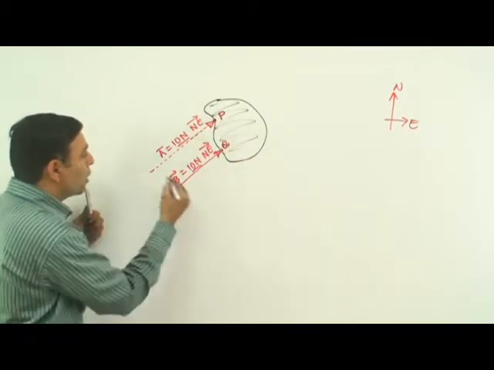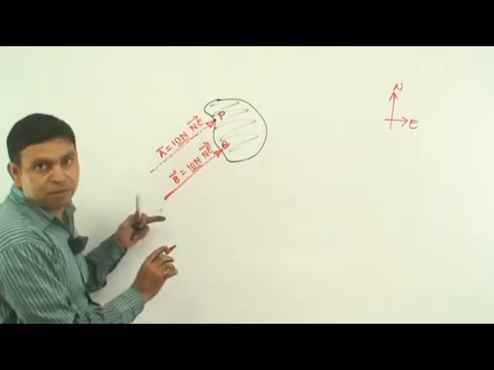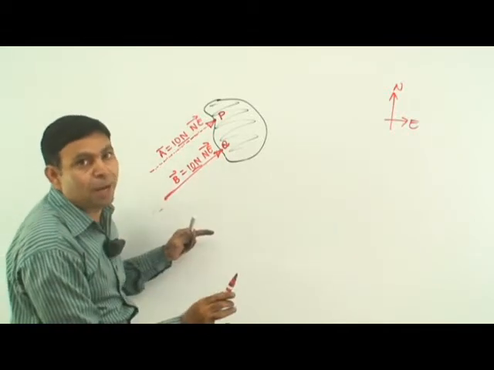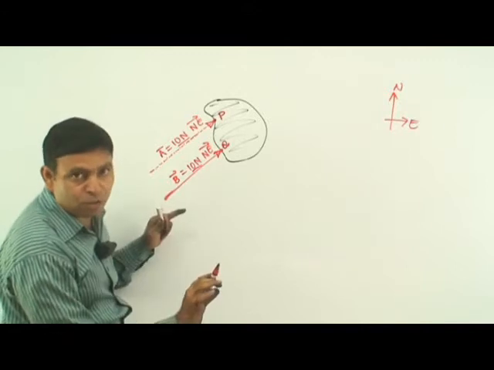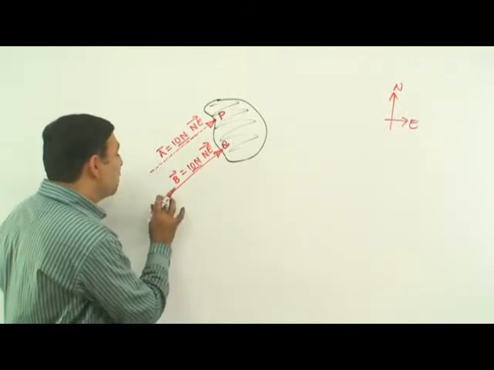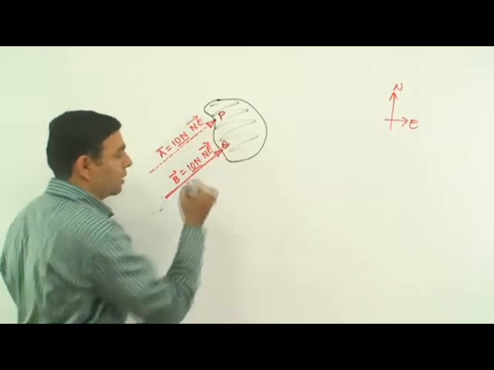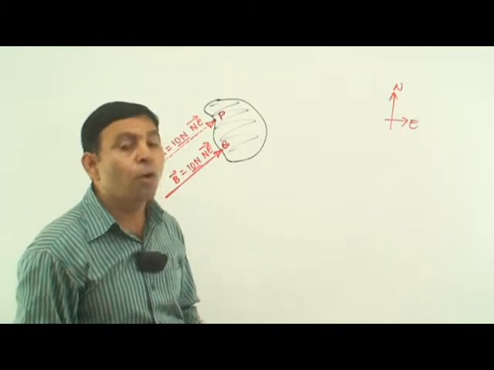So here what we are doing is, we are changing the point of application of vector. We are just changing the point of application of vector without changing its magnitude or direction. Fine? We are neither changing direction nor changing its magnitude, but we are changing the point of application. Earlier it was acting at point P, now it is acting at Q. You all know very well, vector changes if there is a change in its magnitude or direction or both.